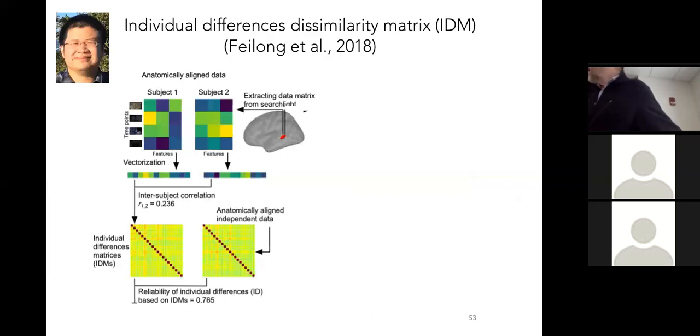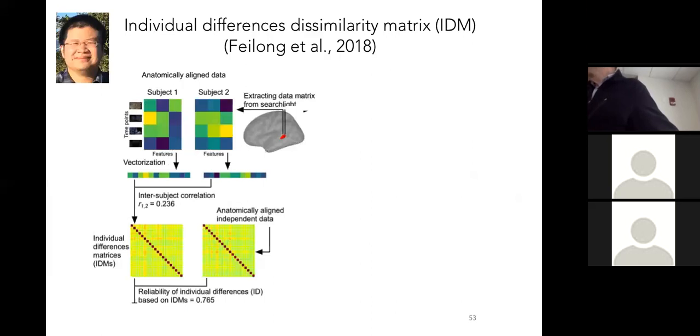And so in the anatomically aligned data, these correlations tend to be fairly low, 0.2 to 0.3. But you put these then into a matrix of the differences between subjects. So this is an individual differences matrix. Each square in this is how similar one subject is to another subject. So the whole matrix is all the possible pairwise similarities across subjects.